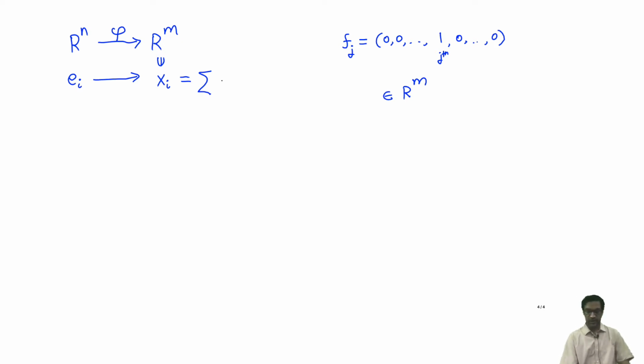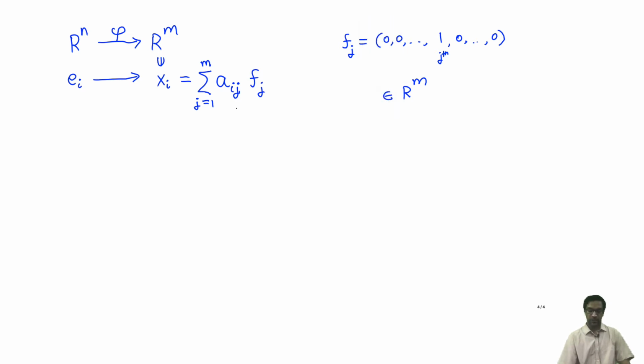Okay, so let's do that. Let's write xi as some linear combination, and now I will use aij's to denote the elements of R which occur in the linear combination. So this is the sum, j goes from 1 to m. And what are the aij's?